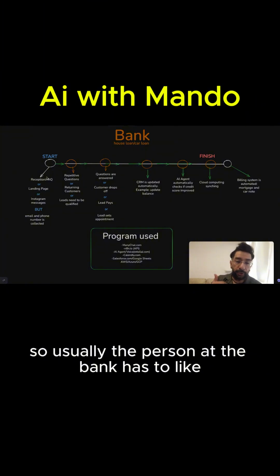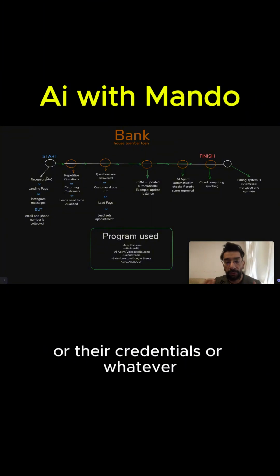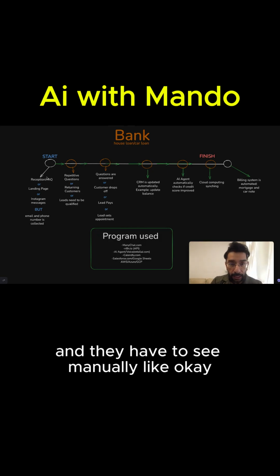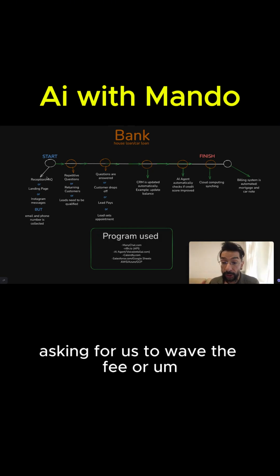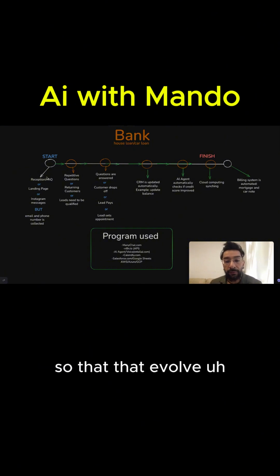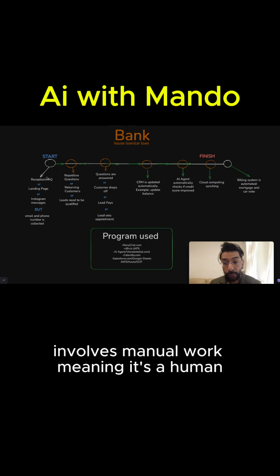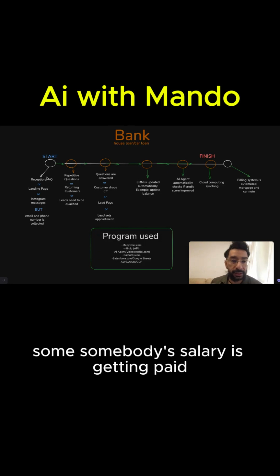Usually the person at the bank has to check their bank information or credentials, and see manually whether this person called the bank before asking us to waive the fee or pardon them for the fee, right? That involves manual work, meaning it's a human, there's a phone, somebody's salary is getting paid.